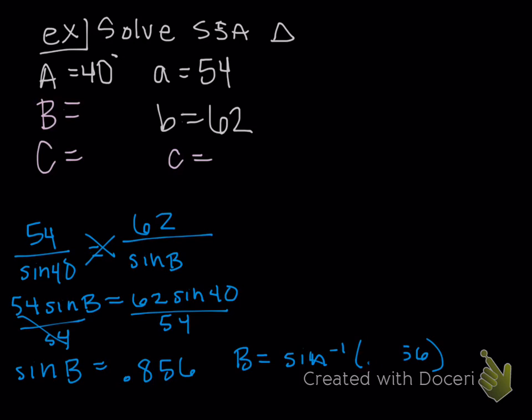Alright, so I actually had a mistake right here. This should be 0.738. And when I take the inverse of it, we get 48 degrees. So I know angle B is 48 degrees.